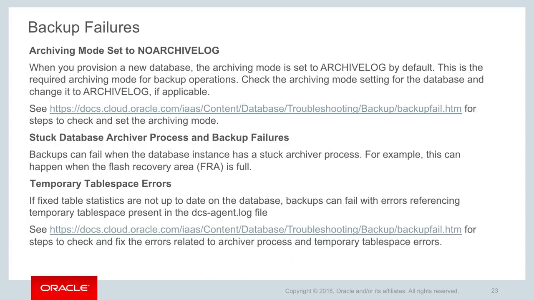In addition to the causes for the database backups to fail, which you have seen in the previous slide, database backups can also fail due to the archiving mode set to no archive log, or a stuck database archiver process when flash recovery area is full, or due to temporary table space errors.